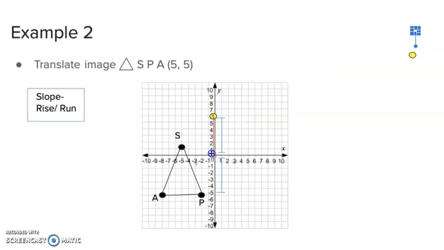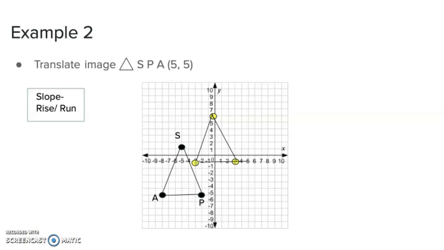I'm going to go down to P here and go 5 up and 5 right. And for this one too, it's the same thing. I'm going to go to A, go 5 up and 5 to the right. This is my completed translation.